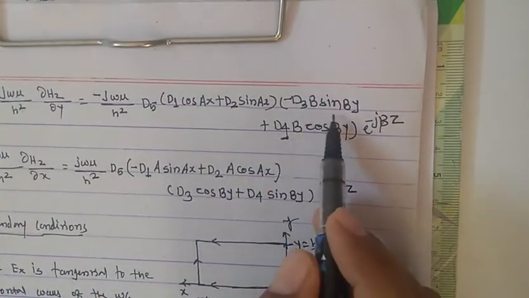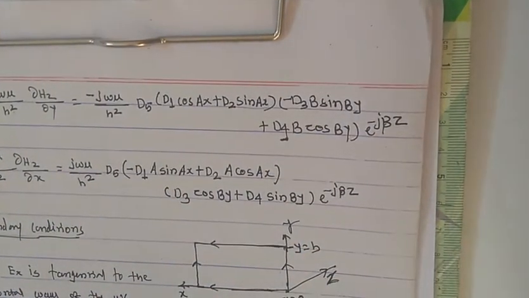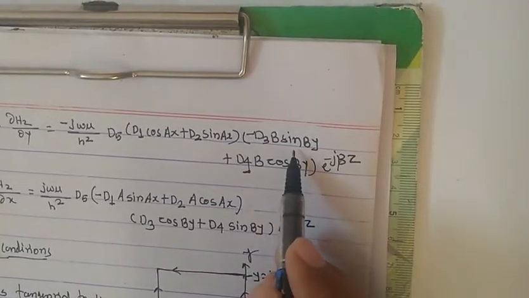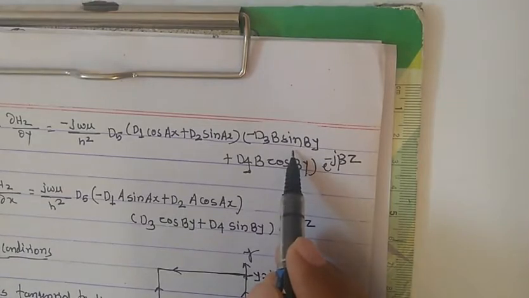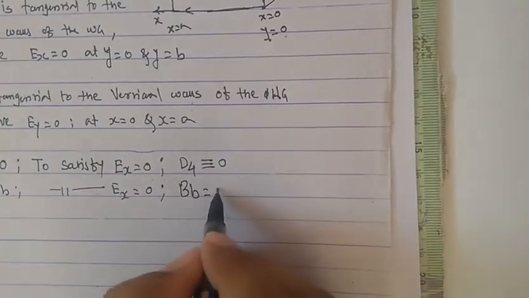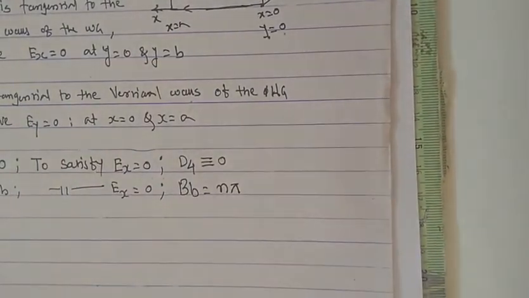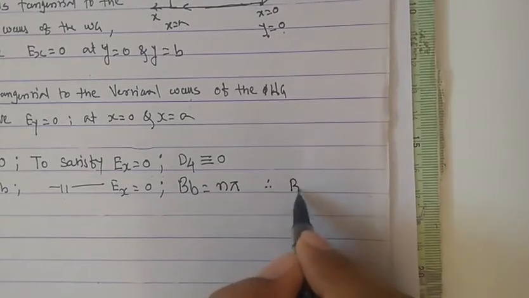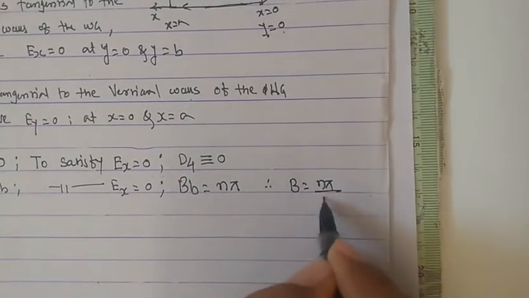If b will be some integer multiple of pi, because this is a sine function similar to that of TM mode. So b should be some integer multiple of pi, n pi. Therefore, we can write the constant b is equal to n pi by b.